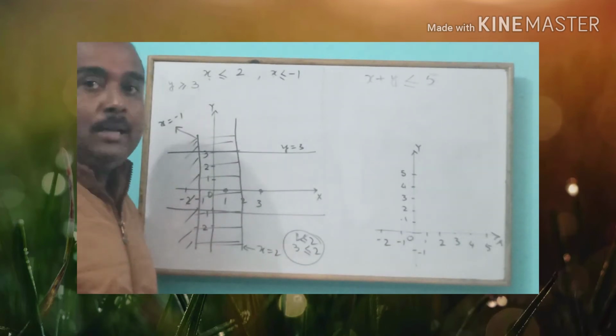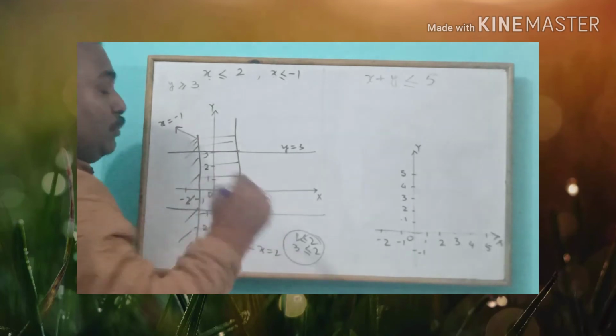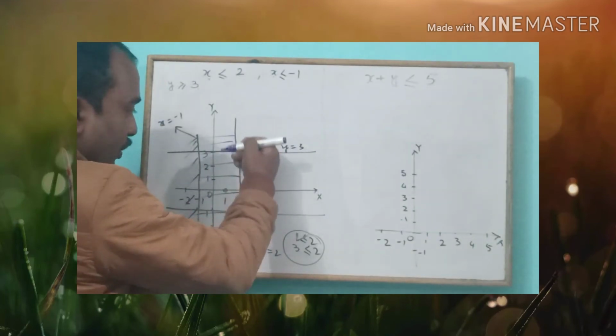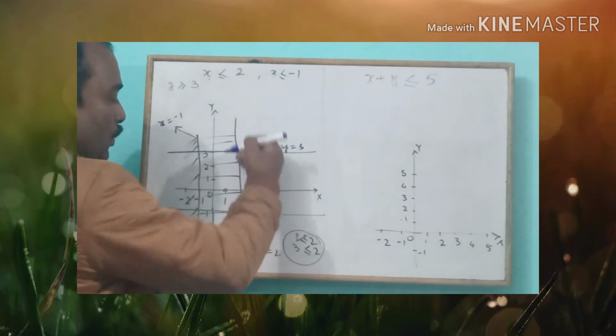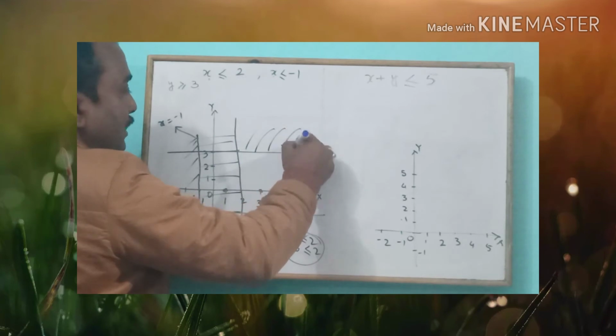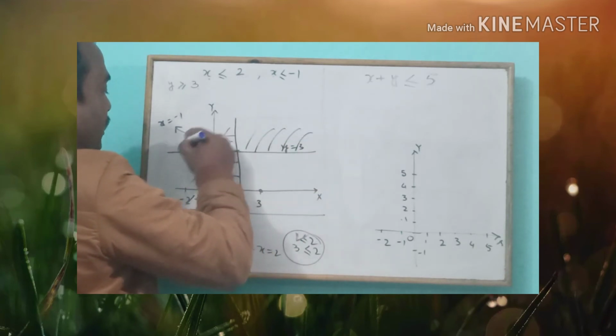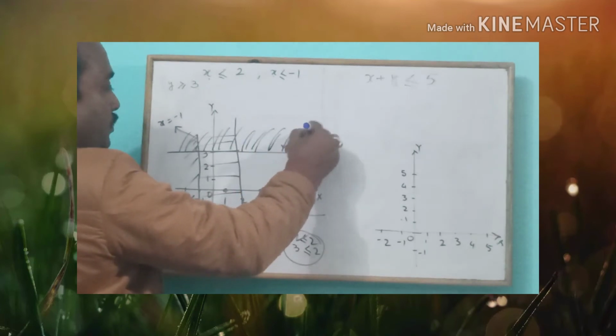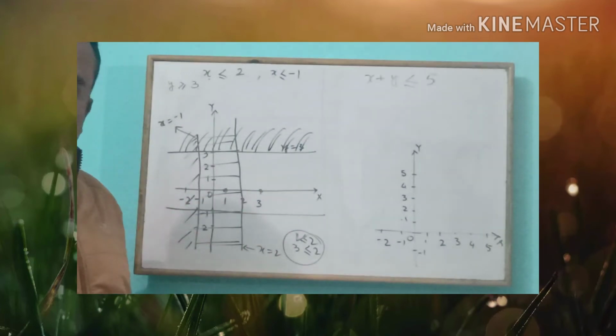I suppose it is false. 0 cannot be more than 3. 0 is always less than 3. So I don't shade it towards 0. I shade it away from 0. So this side is the solution set. Suppose you have understood where to shade.